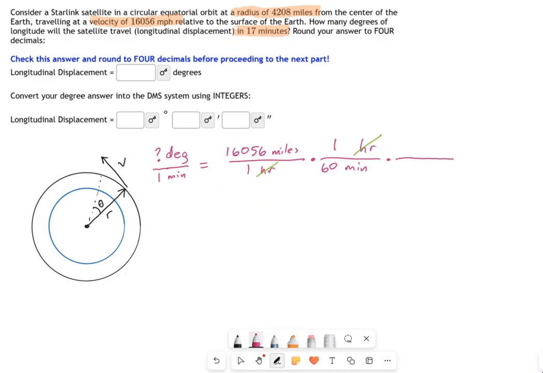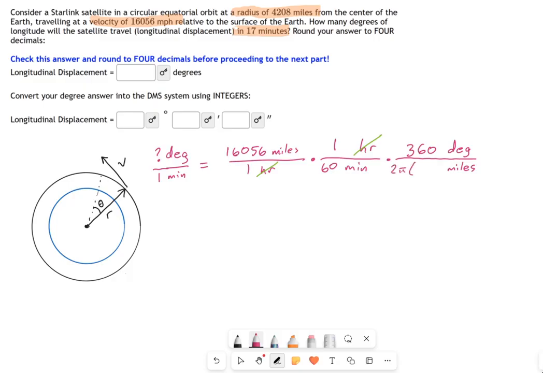So the next fraction I'm going to do is something to cross out the miles. I want miles gone, and I want degrees in its place. Now, how many degrees around a circle are we? And what I'm talking about is this black circle right here, this outer edge where the satellite lives. How many degrees around is that? Well, it's any circle. It's 360 degrees. How many miles around is it? That's a different question. That's the circumference of a circle.